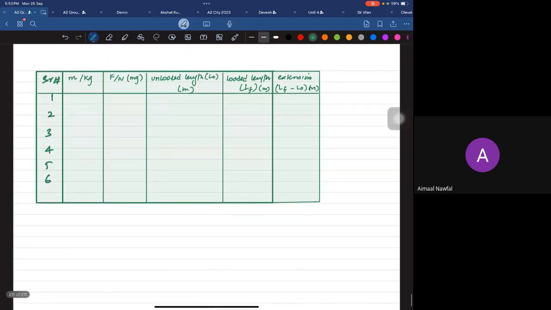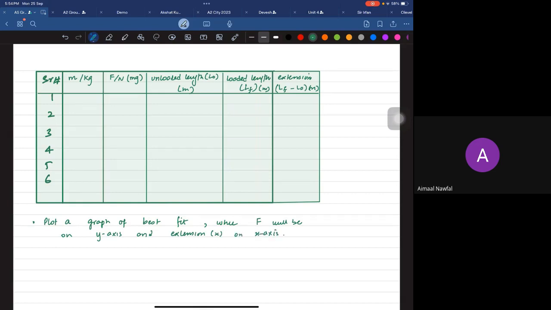And once you've drawn this, you got to plot a graph of best fit, where F will be on the y-axis and extension x on the x-axis, right?